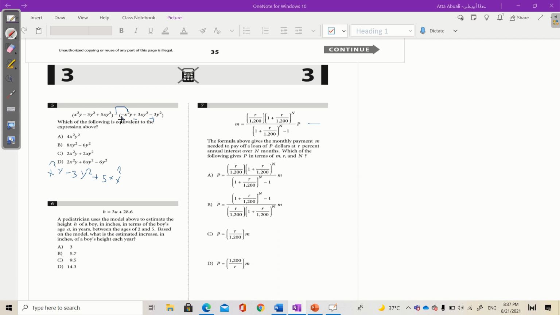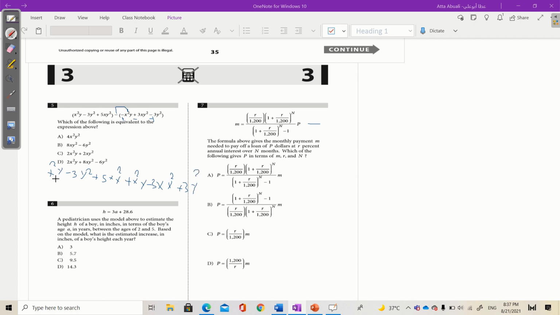Now if I multiply this, it becomes plus x^2y. Then this becomes minus 3xy^2. Here it becomes plus 3y^2. So I have to add the like terms.